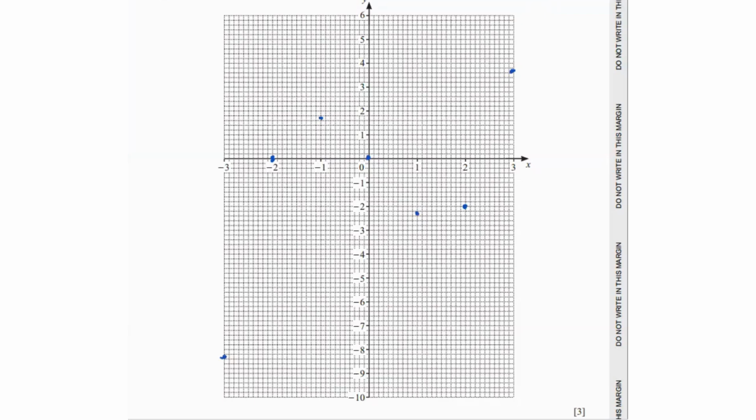So now we connect these points. This is your graph.